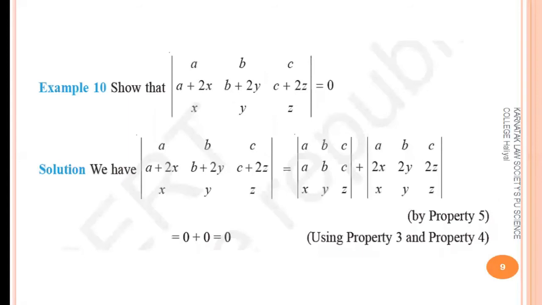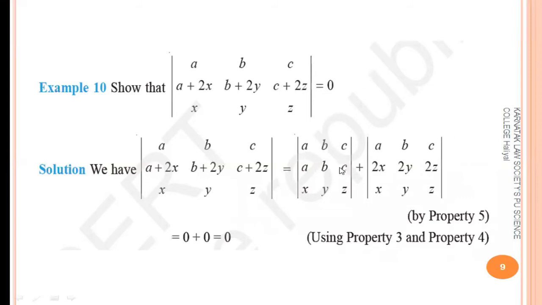See here, again they have given an example: A plus 2x, B plus 2y, C plus 2z, x, y, z, and so on, is equal to 0. Here also, in the second row, sums of two terms are there, that is A plus 2x, B plus 2y, C plus 2z. Again we need to express this as two determinants. First you take the first terms on one side and the second terms on the other side, that is A, B, C on one side, 2x, 2y, 2z on the other side.